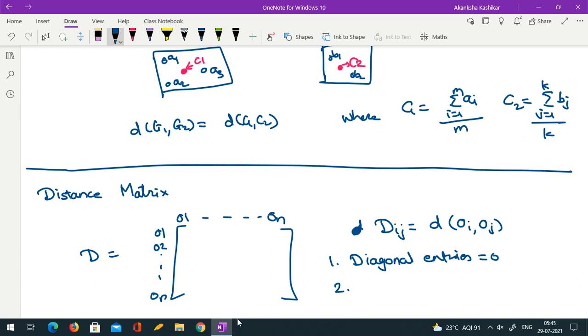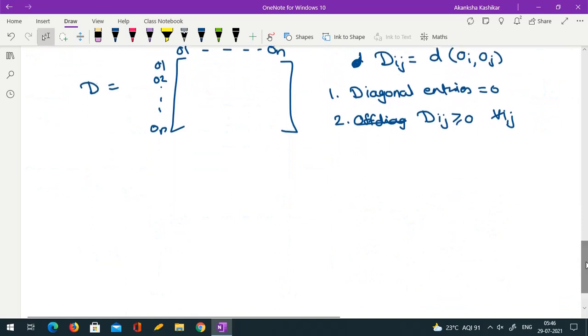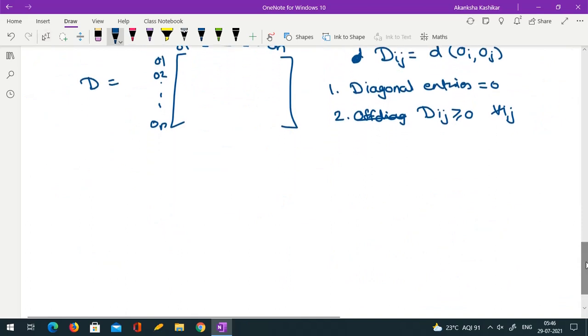And what can I say about off diagonal entries? First of all, they have to be non-negative, correct? Because they are distances. So I can simply write Dij is greater than or equal to 0 for every i, j. And because we know that the distance function is symmetric, distance between Oi, Oj is same as distance between Oj, Oi.